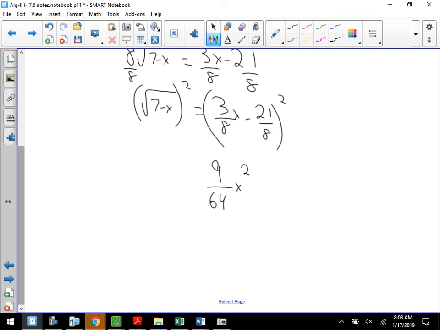I did the double part of the top, I doubled top and bottom. So yeah, so 63. Oh, sorry, it's minus. And then the last one would be plus 441, is that right? 21 squared is 441? I think.